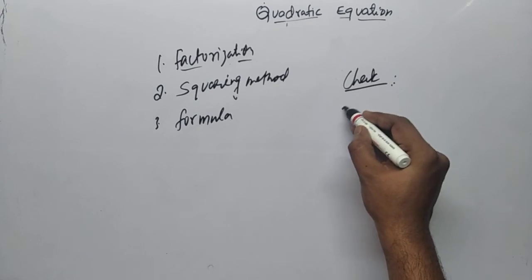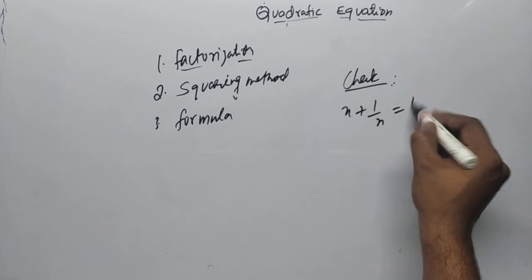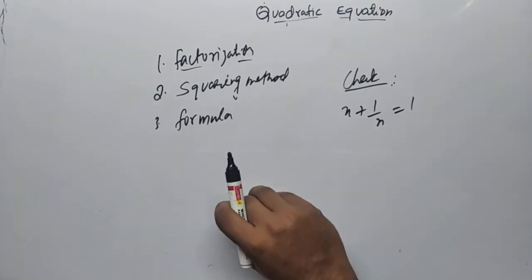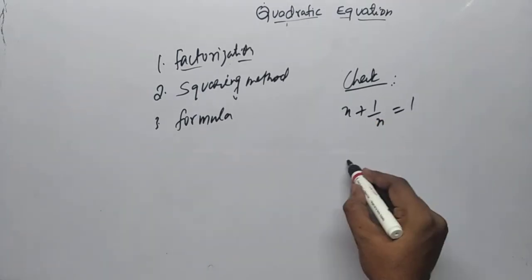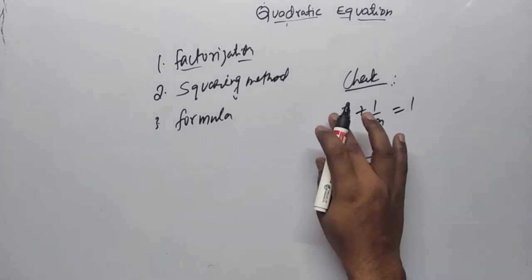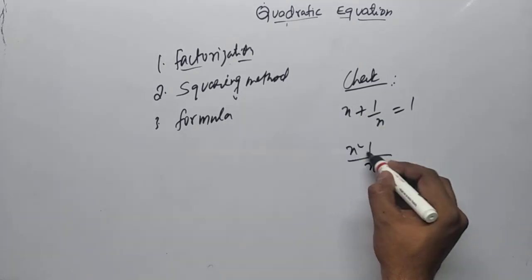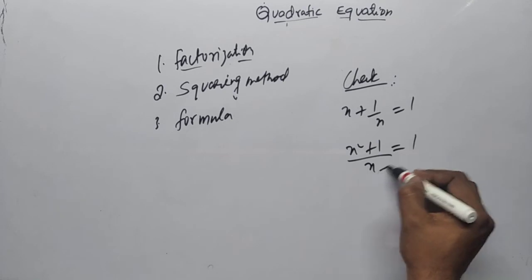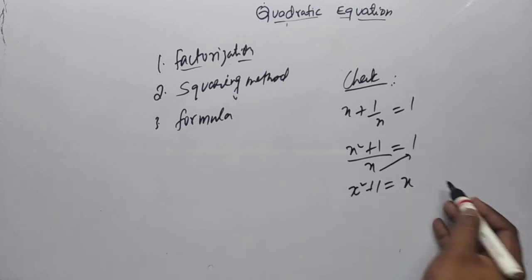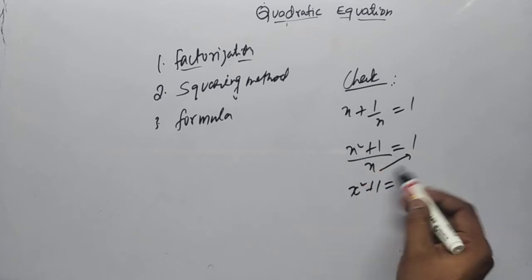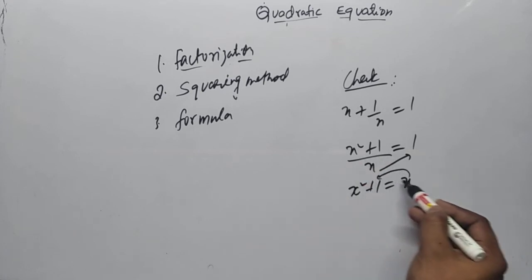Suppose we have an equation x plus 1 by x is equal to 1. Now he will be asking whether it is a quadratic equation. So you need to cross multiply. If you take the LCM as x, you get x square plus 1 is equal to x. You need to get all the terms on the left or right side, so I am sending this x to the left side.